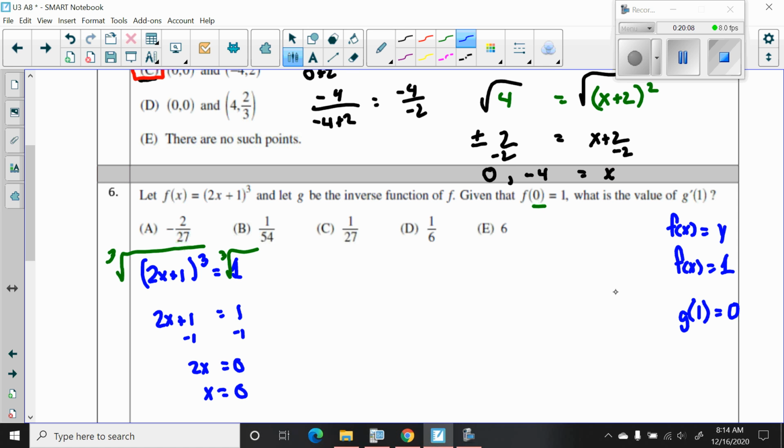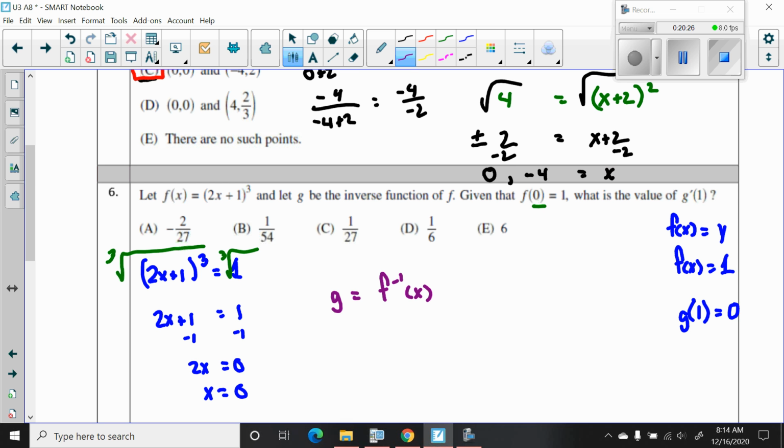We know their inverses. So the derivative, the way we had it written in class, was, so g equals the inverse of f of x.